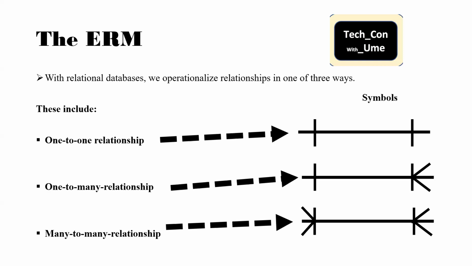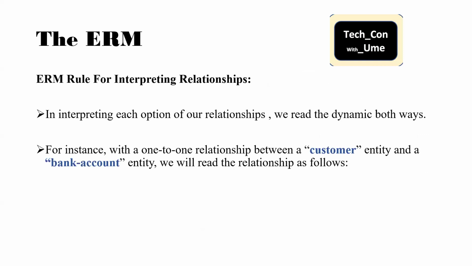With a many-to-many relationship, we will note that on both sides of the line that connects the two entities, we have crow foot representations to denote the many-to-many relationship.